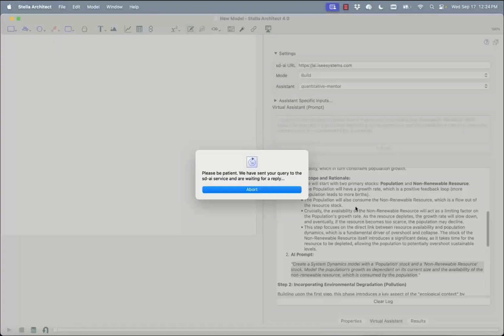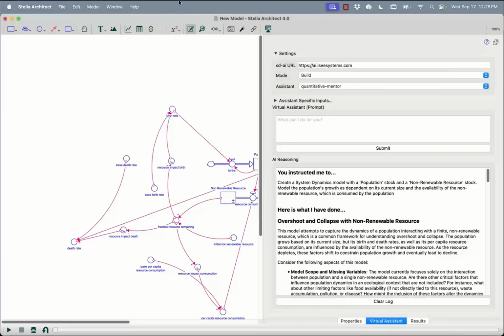From there, we're going to start talking about how we can fix some of the problems that exist in models generated either by the AI or by humans.